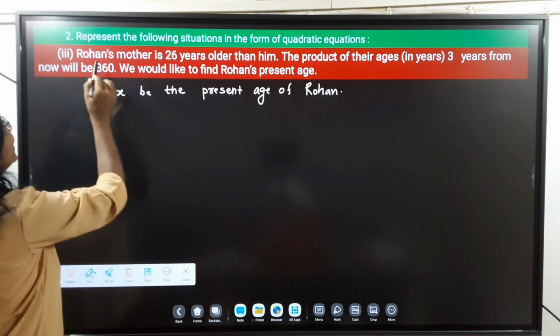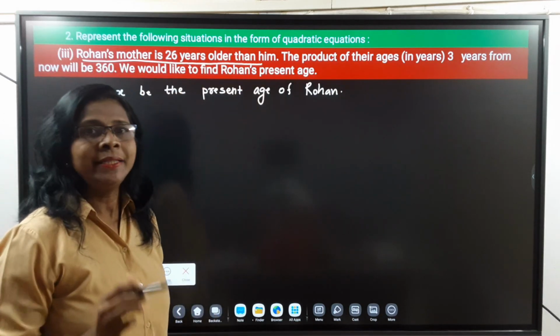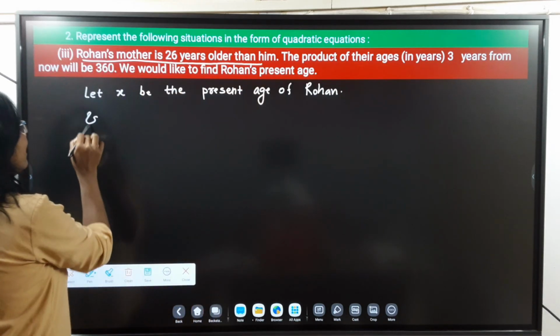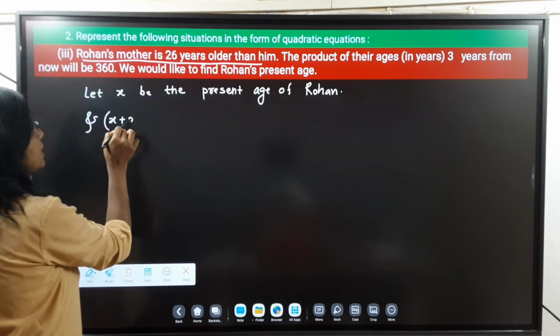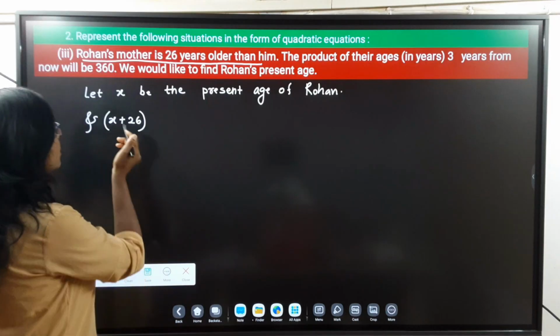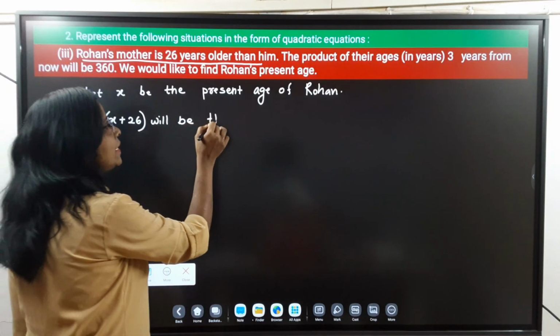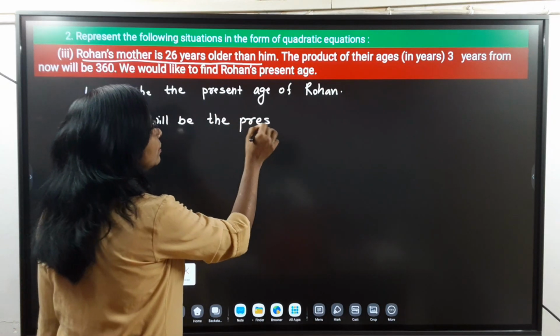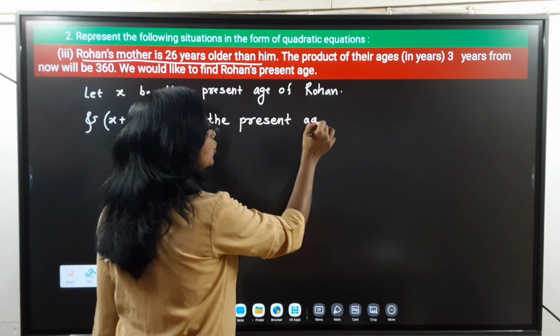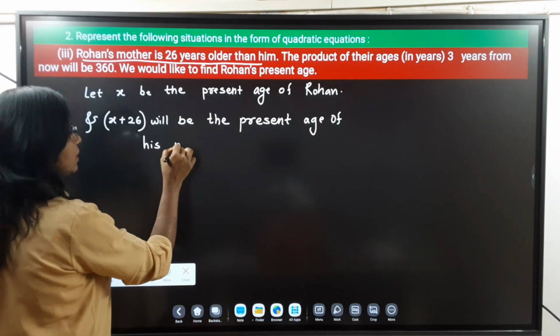His mother is 26 years older than him, so x plus 26 will be the present age of his mother.